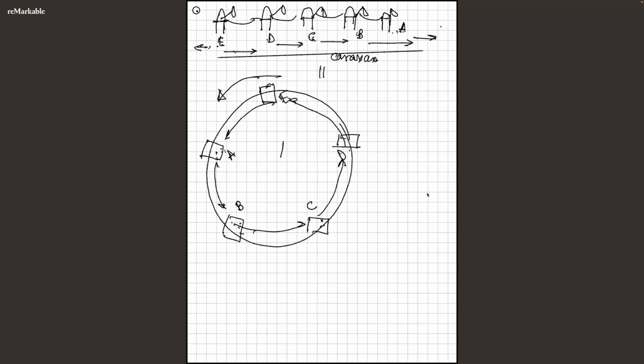Now, I want you to think and tell me how you will solve problem number 1 and then problem number 2. Problem number 2 is a little bit more difficult than problem number 1, but if you understood the derangement problem, you would be able to tackle it, okay? And even before you solve the problem, one thing I keep on asking you: you have to ask yourself, what is the catch?